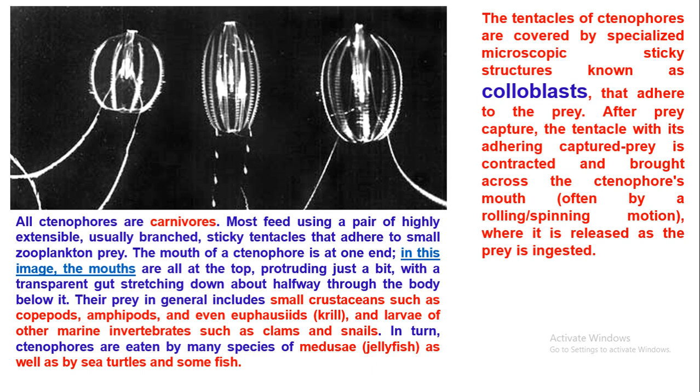But since we are dealing with salient features of all the phyla, why not refer to this? Coloblasts are special sticky structures which are microscopic and present at the tentacle. They help in attracting and adhering to the prey and bringing it across the mouth of the protruding mouth of the ctenophore. And ultimately by the spinning motion, the prey finally gets inside the body.